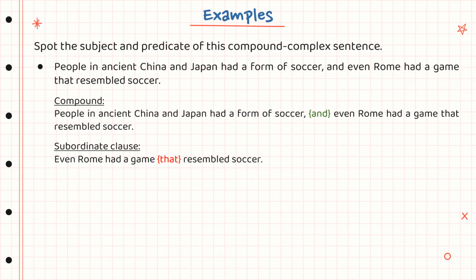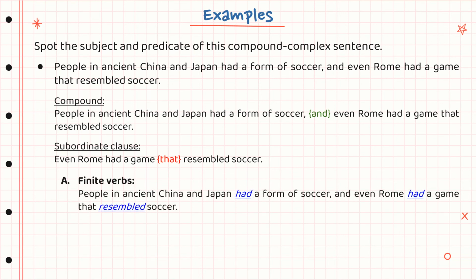Therefore, we can identify that there are three finite verbs in this sentence, which are had, the second had, and the third resembles. The first finite verb belongs to the independent clause "people in ancient China and Japan had a form of soccer," and the second finite verb belongs to the other independent clause, which is "even Rome had a game."